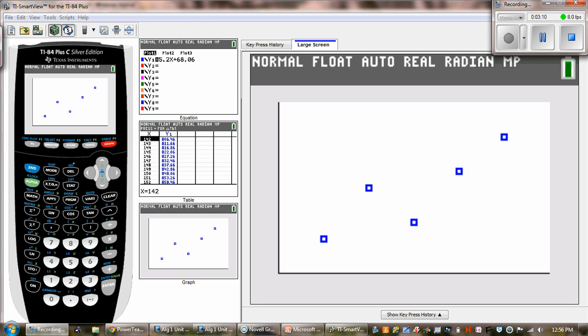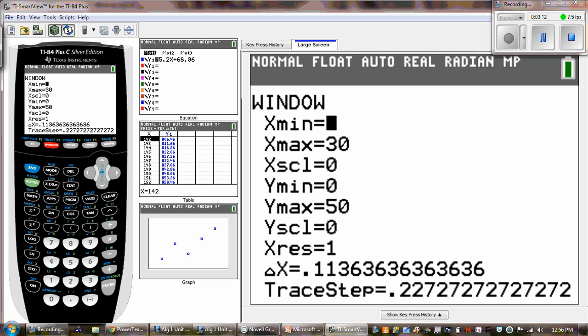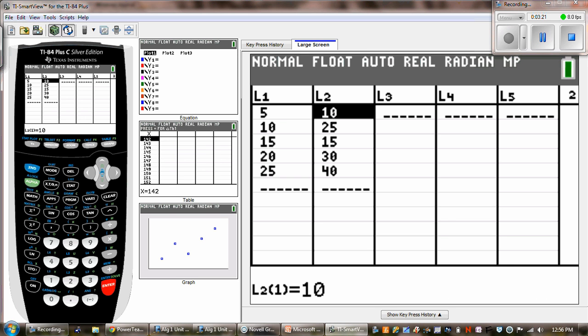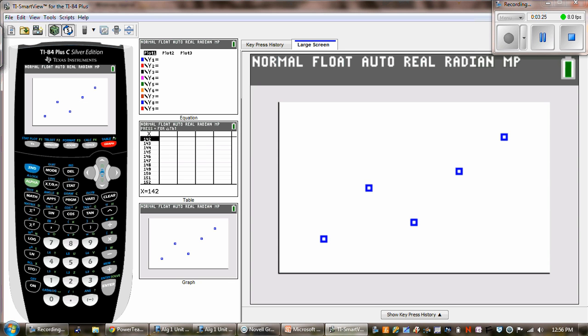If you look at my window, that's all the information I have on my window. And then if you want to see, just making sure that you plugged in the data, there's all of the data you should be using. And there we go.